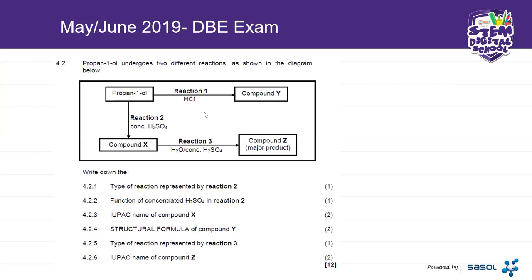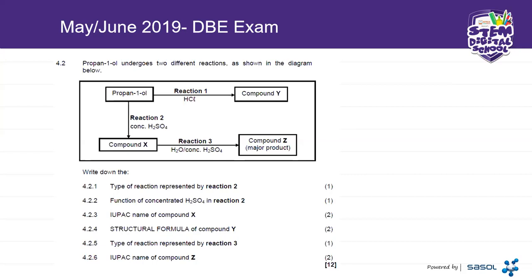So reaction 1 has HCl, and then you have your compound, and reaction 2 will have our H2SO4, and we'll have our compound, and reaction 3 will be a continuation with H2O or concentrated H2SO4, and we'll have our compound Z.